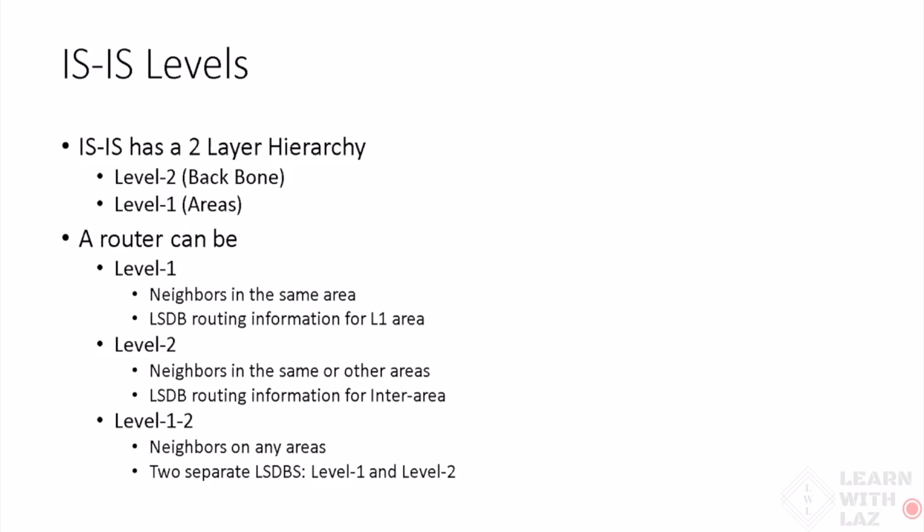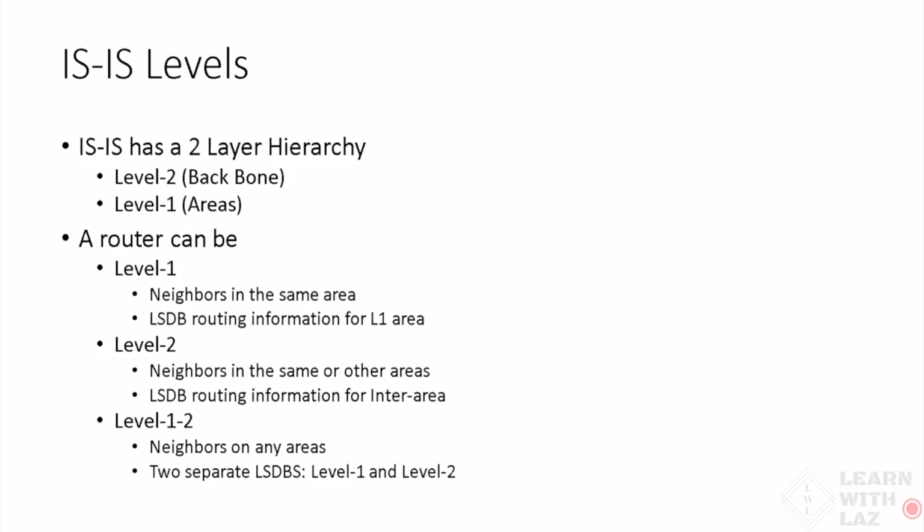So yeah, here you have a 2-layer hierarchy. Level 2, which would be considered a backbone, okay? Which is not something that you have to connect to, like OSPF. All right, and level 1 are the areas. But now here's a breakdown of that.